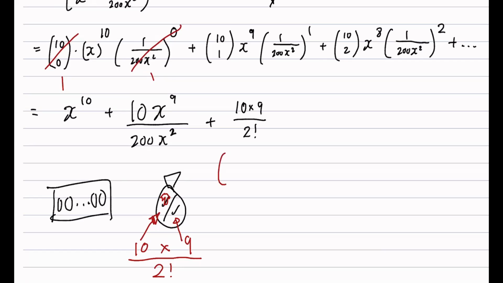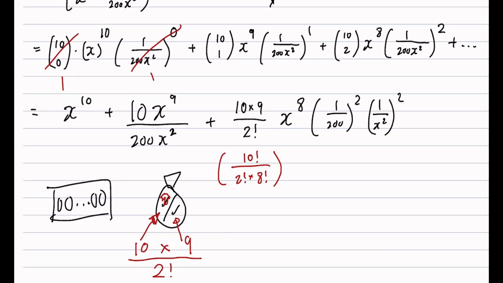Of course, if you wanted to, you can also use the formula n factorial over r factorial times (n minus r) factorial, which is 10 minus 2, which is 8 factorial. That will also work. Okay. And times x power 8 times 1 over 200x squared, squared. Is this part okay? Yeah.